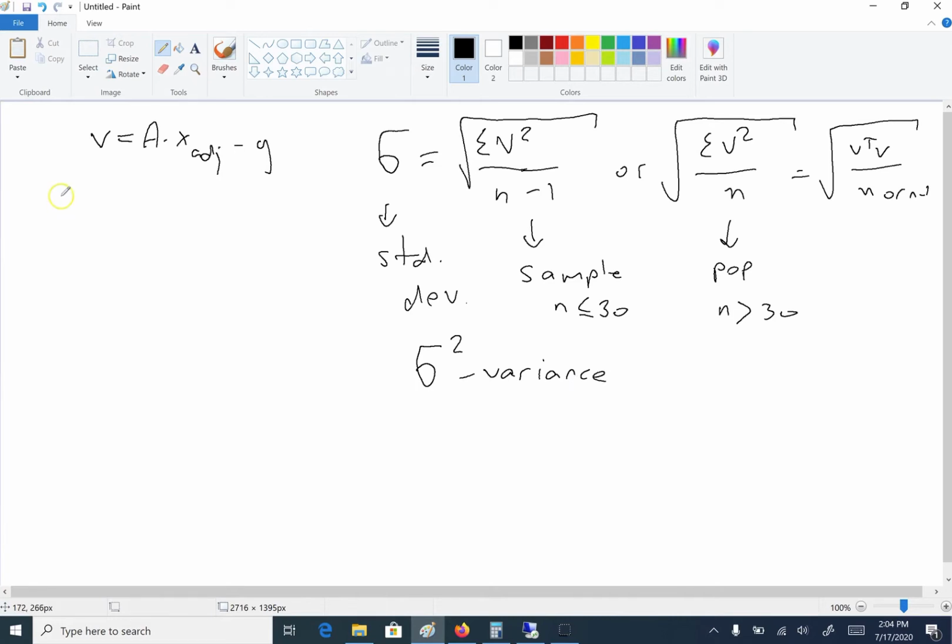A low standard deviation means high precision. And conversely, a high standard deviation is a low precision.